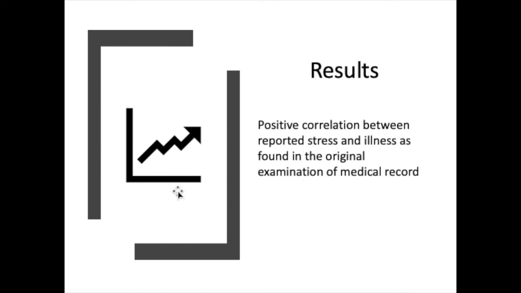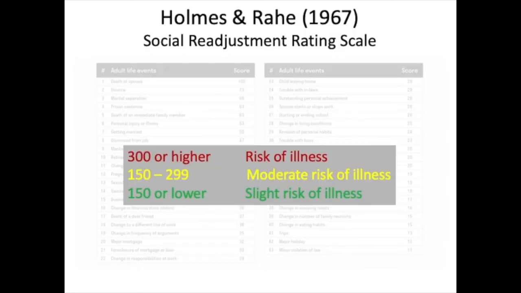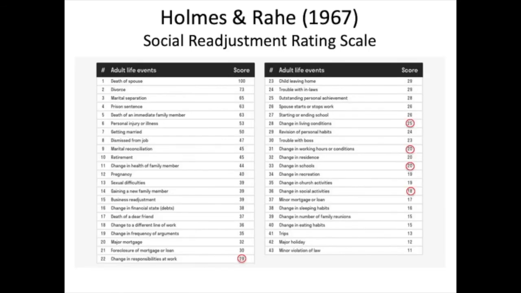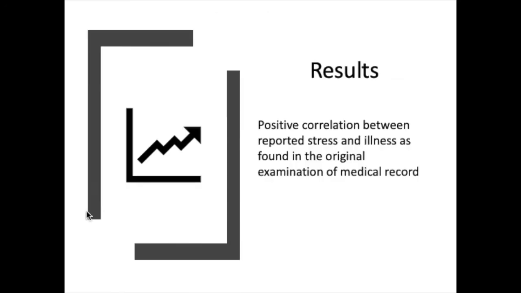From their records, they looked at the illness, and they looked at the figure from this scale, the SRRS. So if the figure was around 300, there should be more visits to the dispensary, to the clinics, or higher illness. Okay, so the positive correlation.